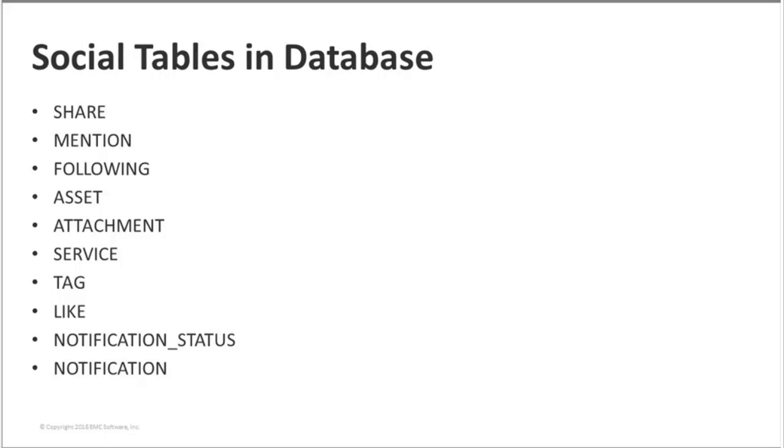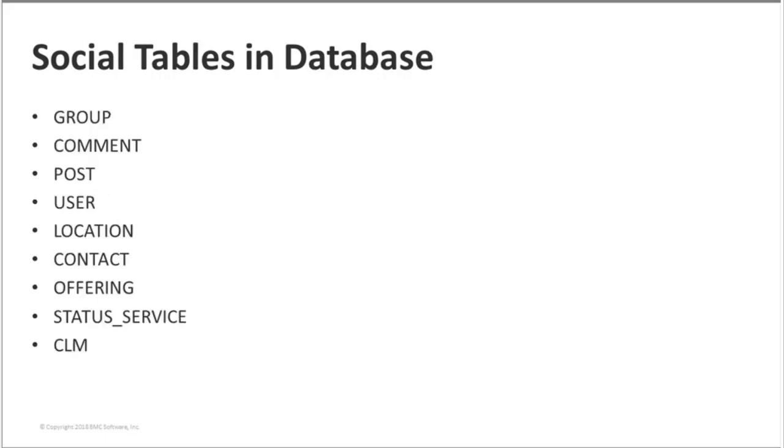So share is a new one, mention, following, again asset, there is some addition to it, attachment, service, tag, like, notification status, notification. So these are the new tables that you will see.